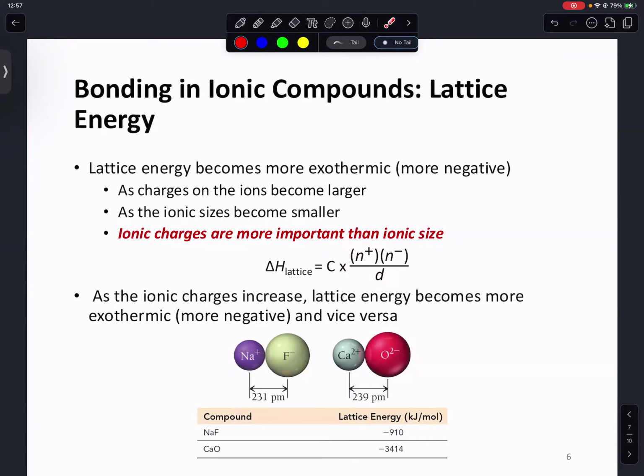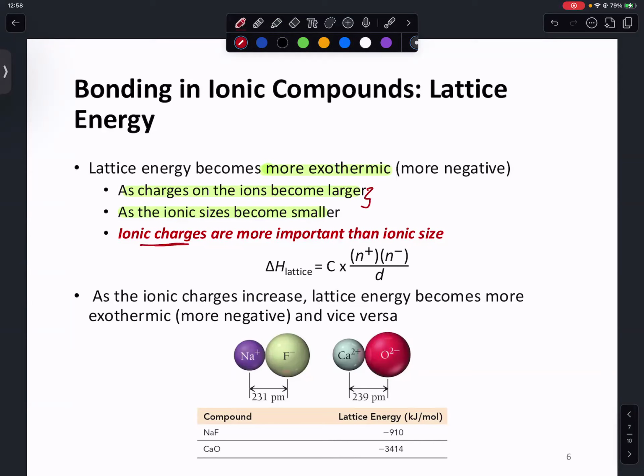Based on this formula, we can say that as charges on the ions become larger, the more exothermic and the stronger the ionic bond is going to be. And as the ionic sizes become smaller, again, the more exothermic or the stronger the ionic bond is going to be. Between these two factors, ionic charges are more important than ionic size.